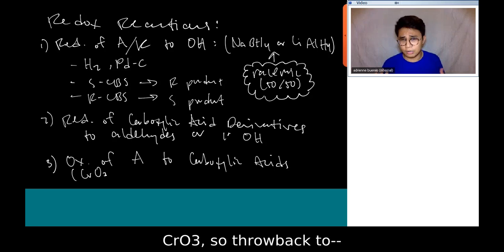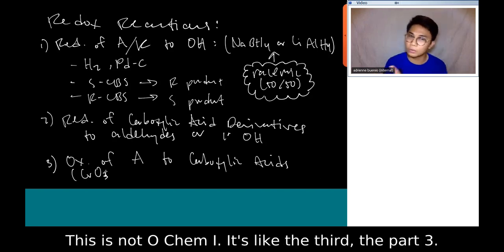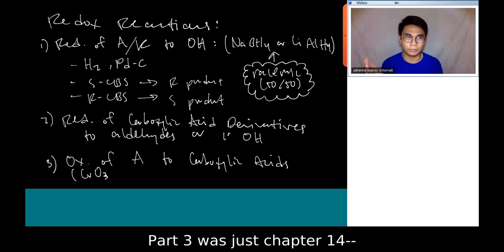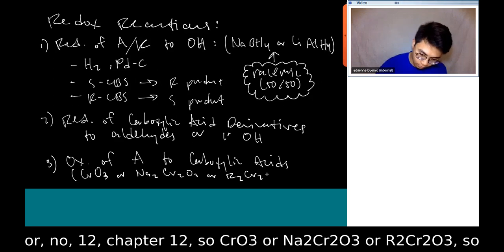CrO3, so throw back to, I think this is OChem 1 when we talked about all of this. Well, actually, no, this is not OChem 1, it's part 3, right? Part 3, which is chapter 12. So CrO3 or Na2Cr2O7 or K2Cr2O7.